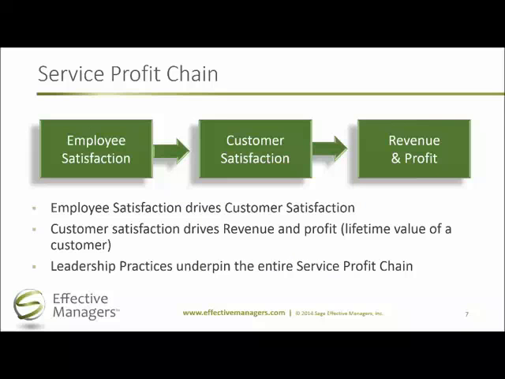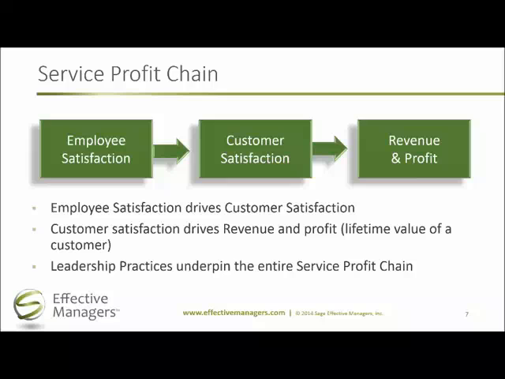In simple terms then, that first graph showed you all of the different elements. If we think about the service profit chain, employee satisfaction drives customer satisfaction, and then customer satisfaction will increase the value of the customer over the lifetime of the customer, which leads to revenue and profit for the company.